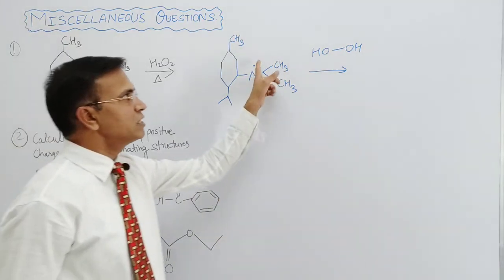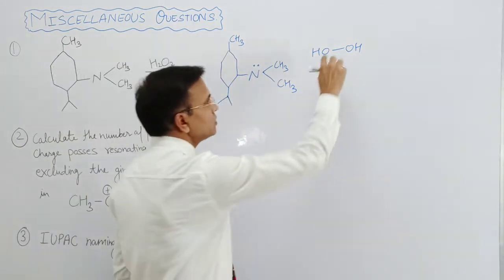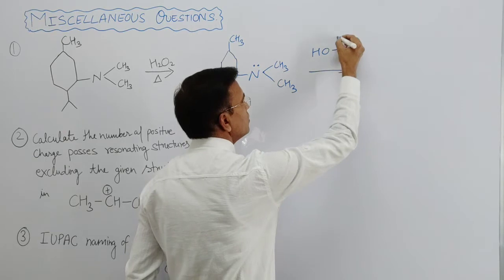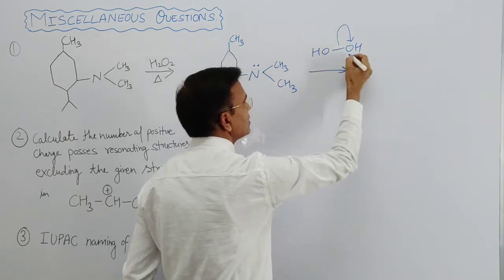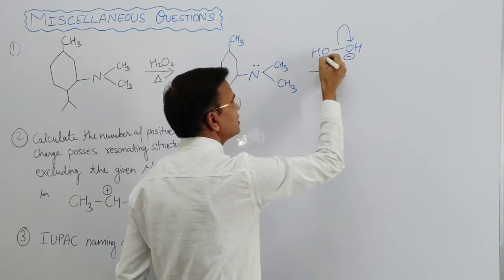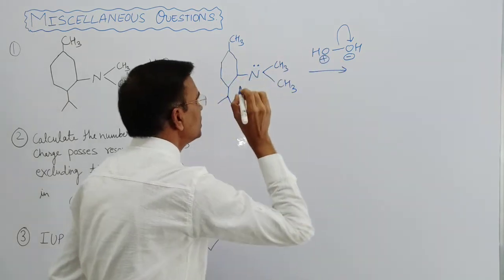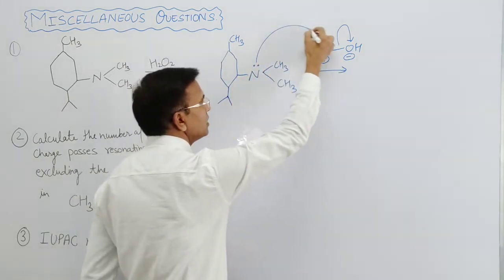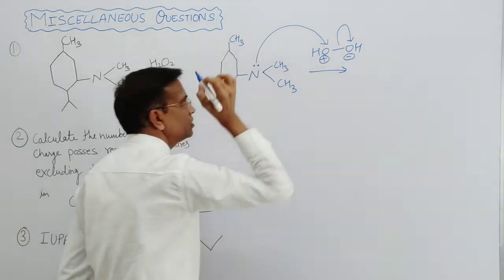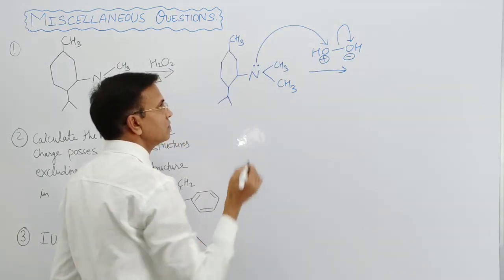Under the influence of this lone pair of electrons, the bond of H2O2 breaks like this. This becomes negative and this becomes positive. Now this lone pair of electrons attacks this positive.